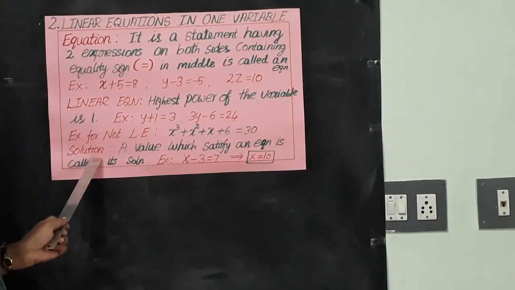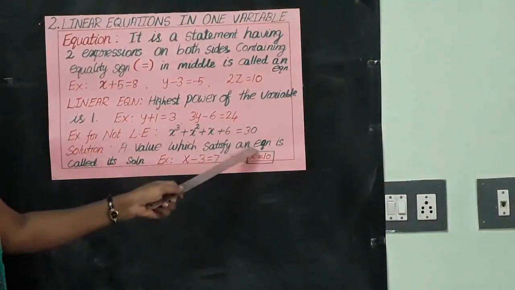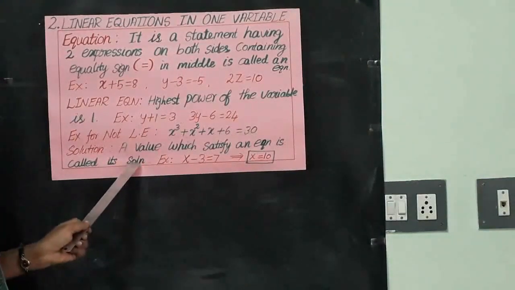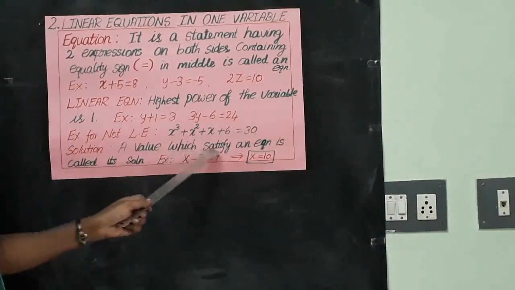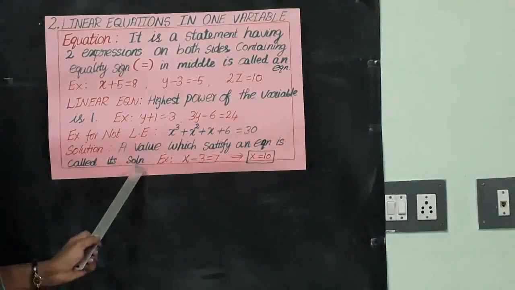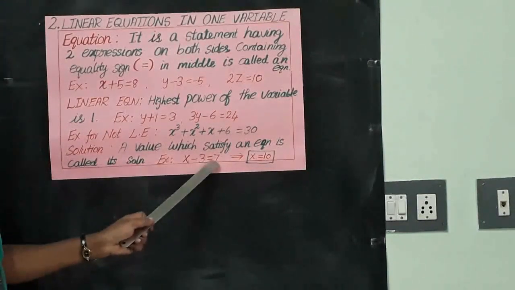The last one is solution. What is the solution? It is the value which satisfies the condition of the equation, called its solution. Example, x minus 3 equal to 7.